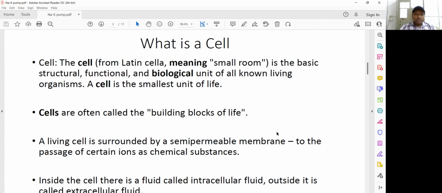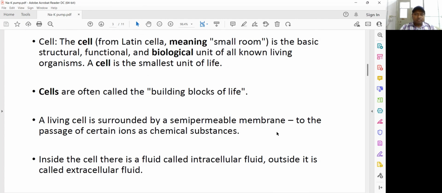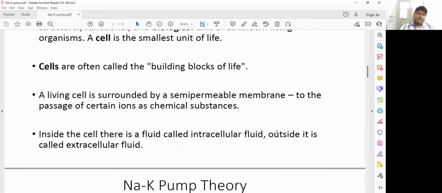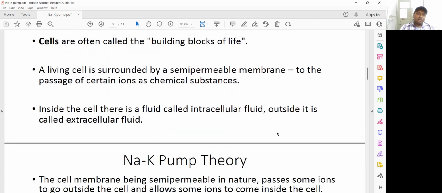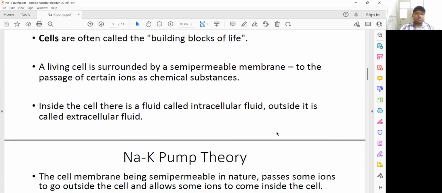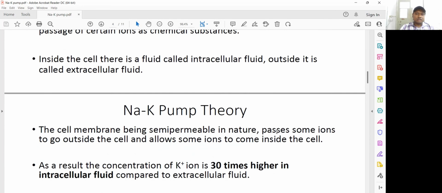A living cell is surrounded by a semi-permeable membrane, which I have already discussed in the previous slide, that gives passage to certain ions as chemical substances. That is why some ionic concentration is maintained from inside to outside. Inside the cell there is intracellular fluid, and outside it is called extracellular fluid.